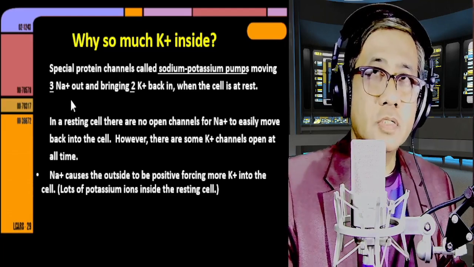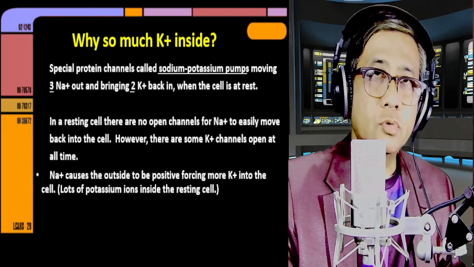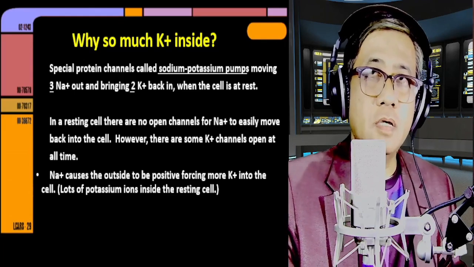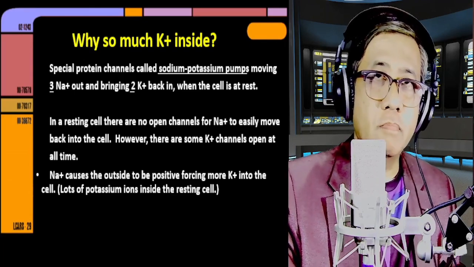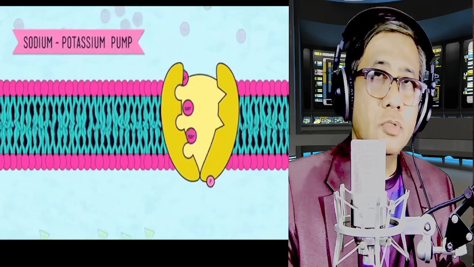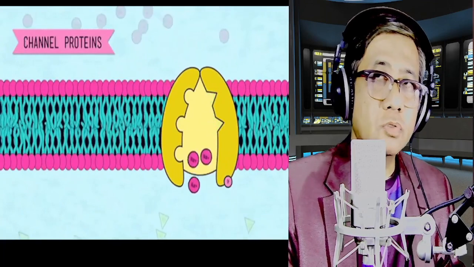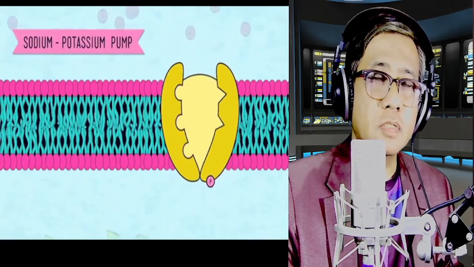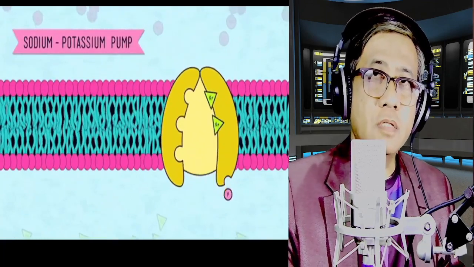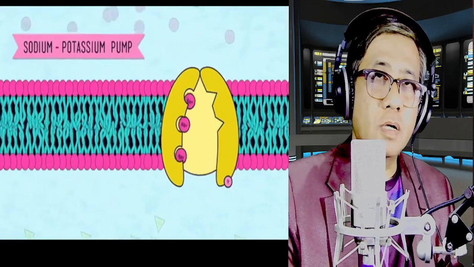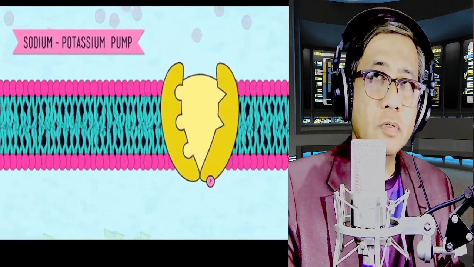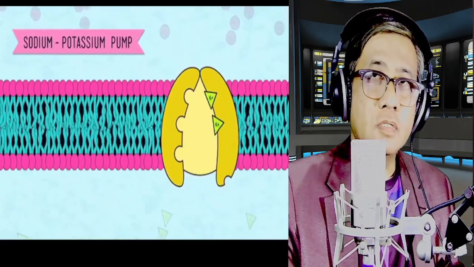So I hope everything is clear about the role of the sodium-potassium pump in creating a so-called resting membrane potential. Again, the sodium-potassium pump pumps 3 sodium ions out of the cell and allows the entry of 2 potassium ions. So this will create a difference in the charges.